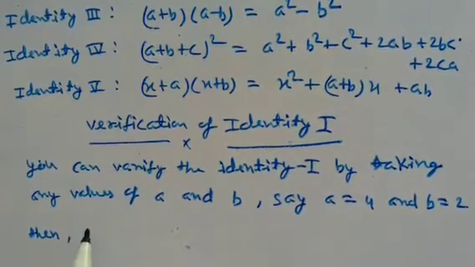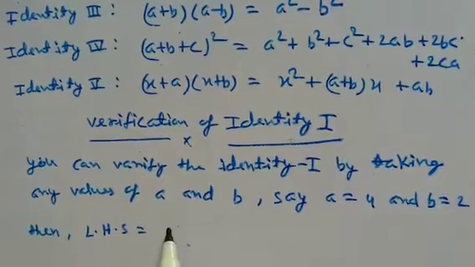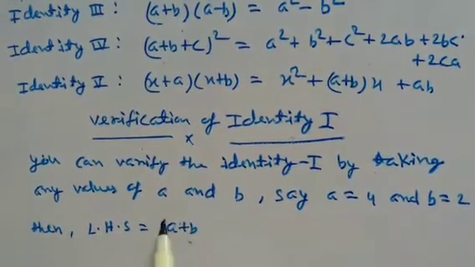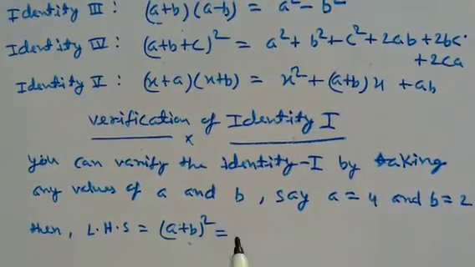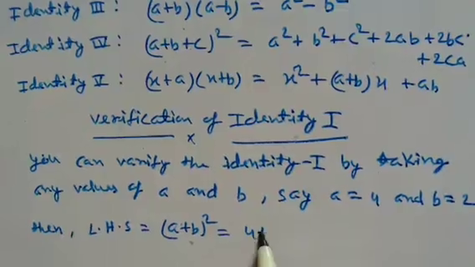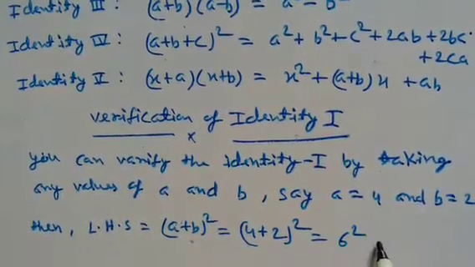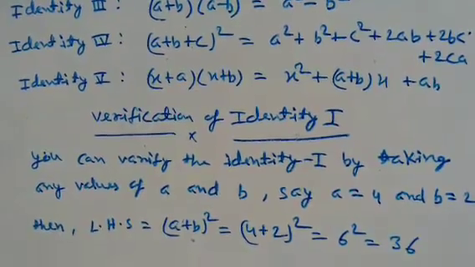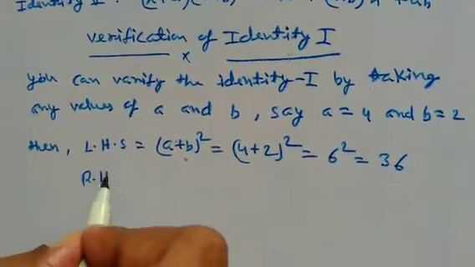Then LHS of identity 1 equal to (a plus b) whole square. Now we put the values of a and b, we get (4 plus 2) whole square equal to 6 square equal to 36.